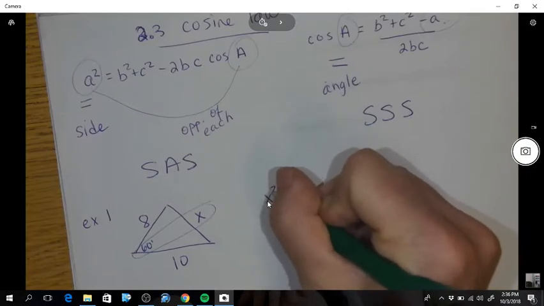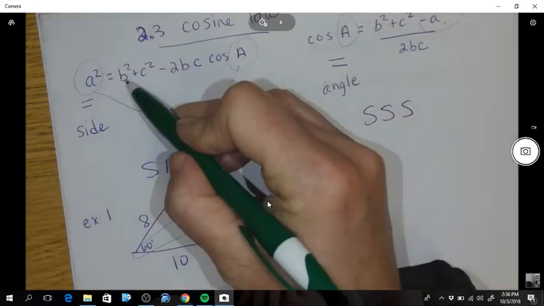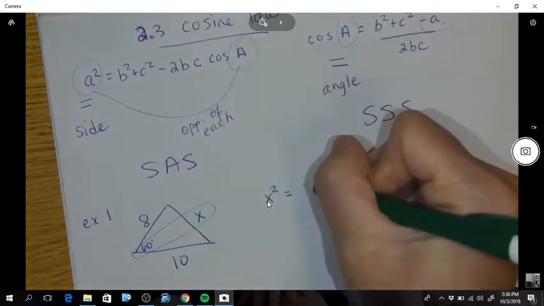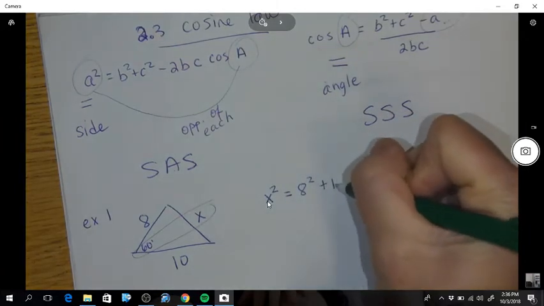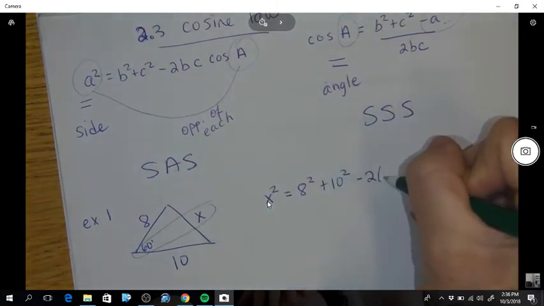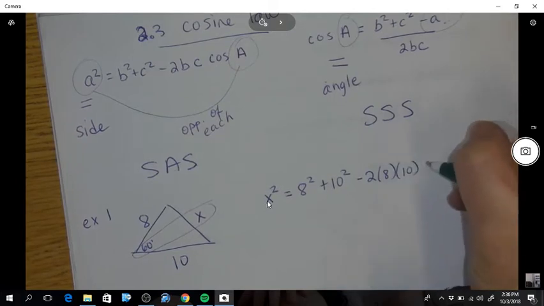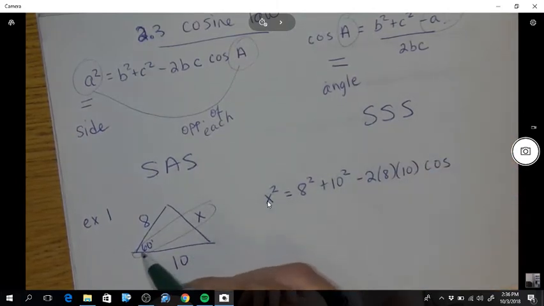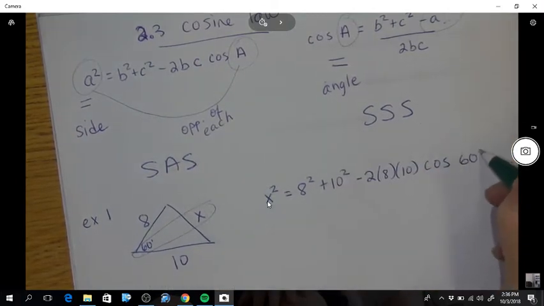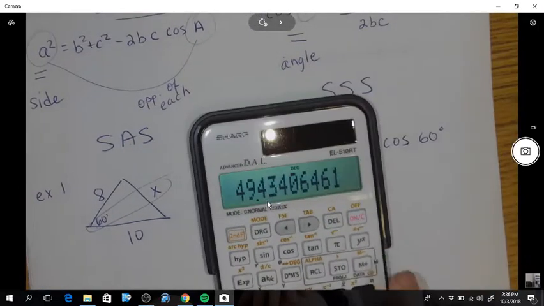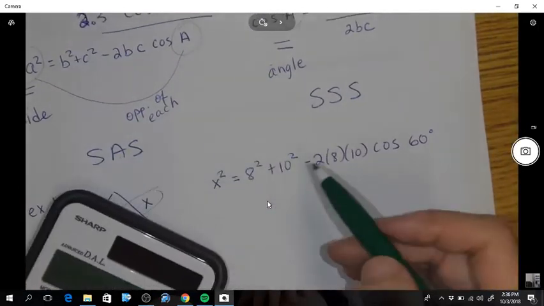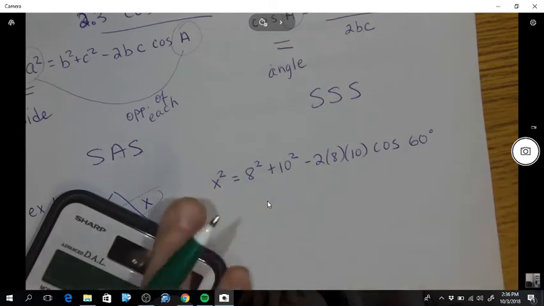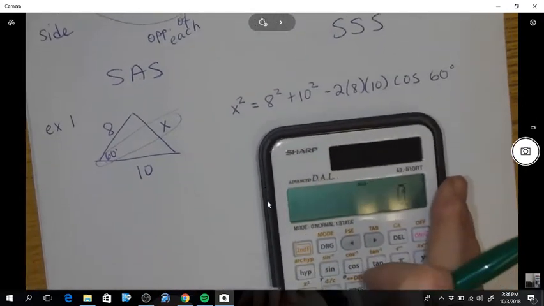Okay, ready? We're going to go x squared equals the side length squared, so 8 squared plus 10 squared, subtract 2, 8, 10 cosine of 60 degrees. Okay, so in your calculator, you're going to literally type all of that in one big giant step.